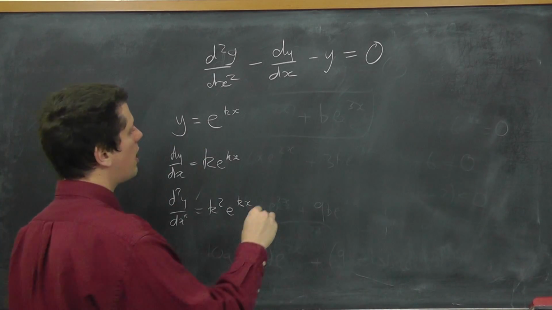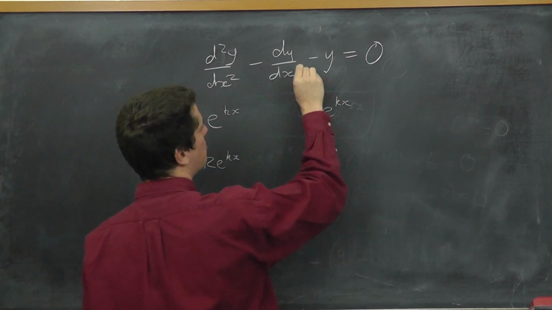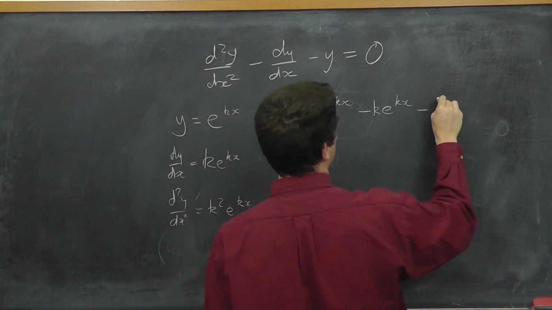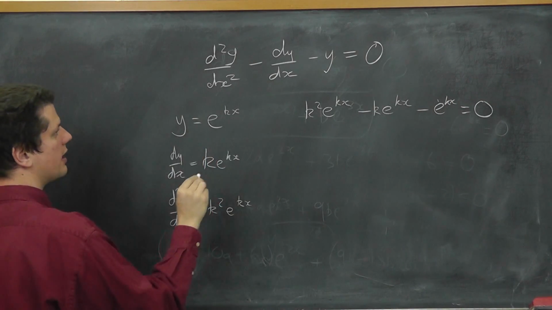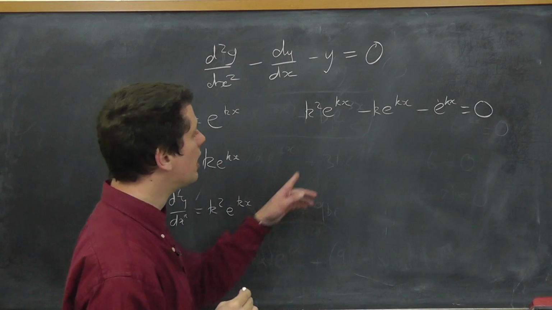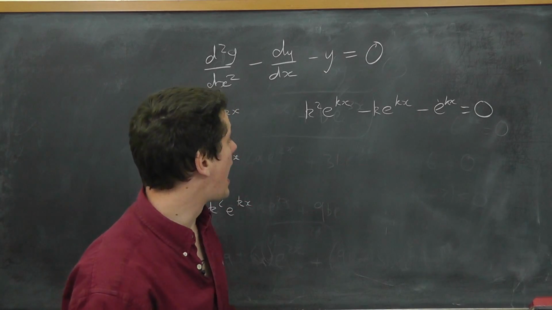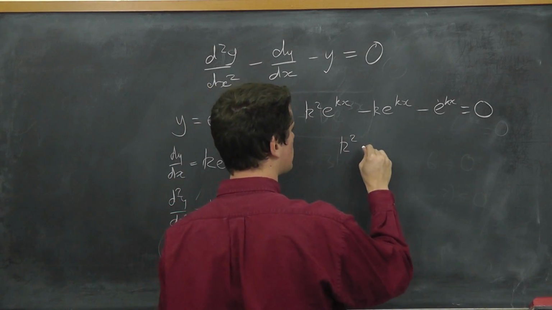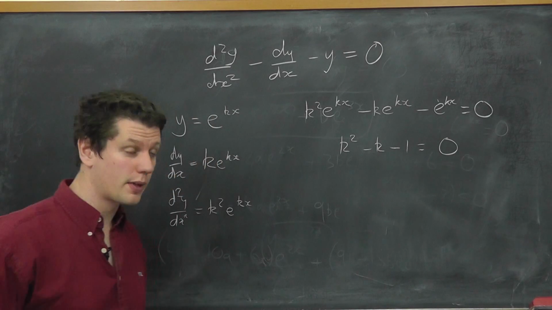So our equation becomes k squared e to the kx minus k e to the kx minus e to the kx equals 0 when we substitute in our values for y, dy by dx and d2y by dx squared. As we had before, we have an e to the kx term everywhere here, so we can divide it out and we get k squared minus k minus 1 equals 0.